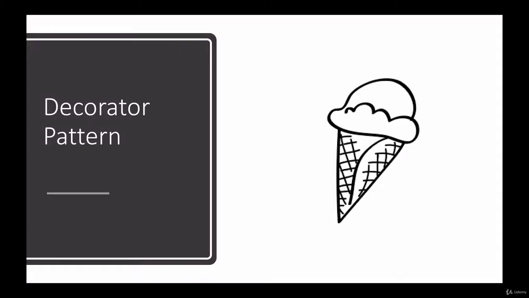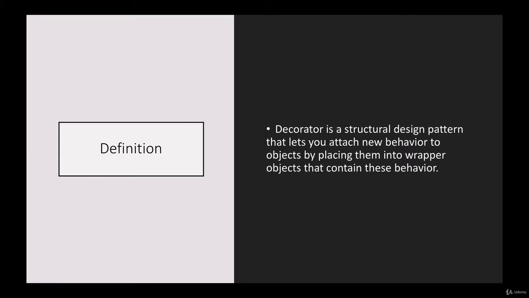Also, the decorator pattern is used to add additional responsibility to a class. So we know every single class you code should have only one responsibility, and according to the single responsibility principle, the class should have only one reason to change. Now let's say you want to use all the same functionality, but you have one extra responsibility which you don't want to keep in that class.